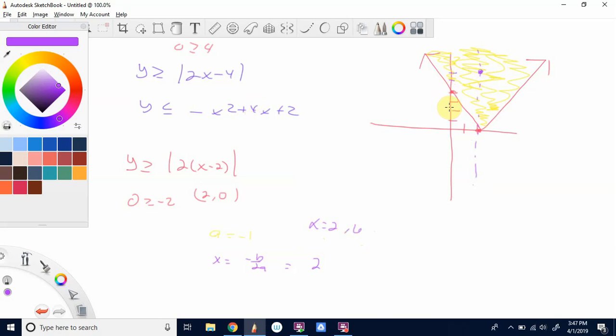I know it's going to open down. Where is my zero? At positive 2. And then I can go over here 2 units, which is about right here. So the graph is going to do this. I know a is negative, so it's going to open down. And it says y is less than. So when does y get smaller?